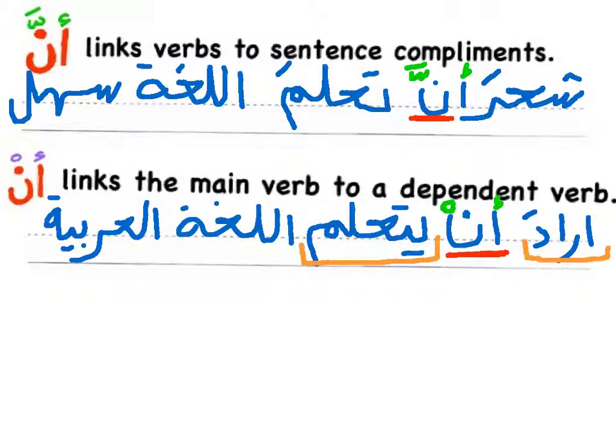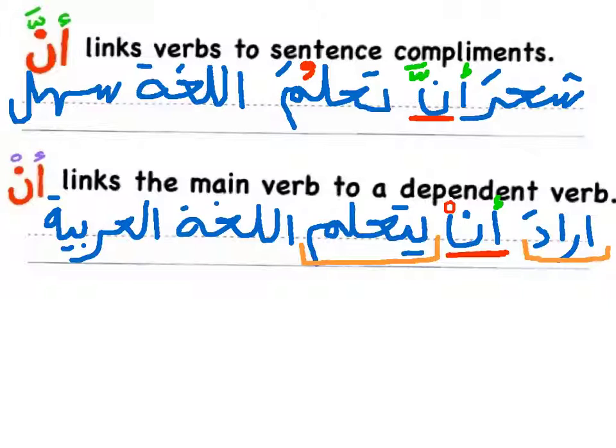So whatever comes after أن is a verb, unlike أن, which takes a noun. Let me just make this clear here. تعلم with a damma, it's a masdar, so it's a noun, whereas يتعلم is a verb.